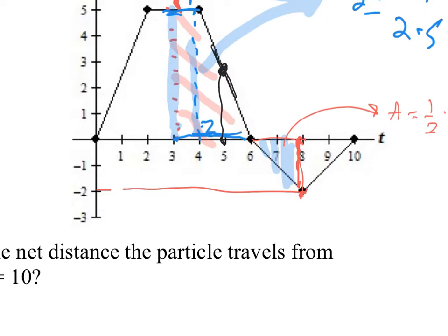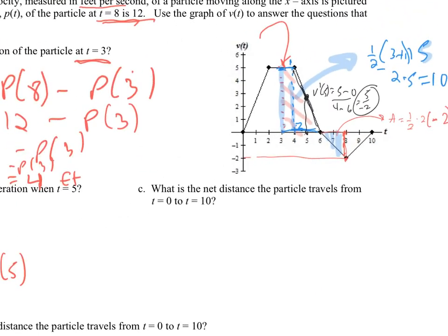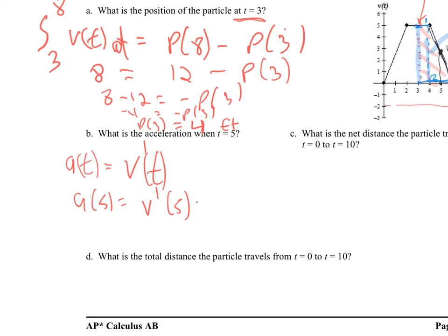That's what v prime at 5 will be. So v prime at 5 will be the slope. So this y value is a 5. This y value is 0. This x value is 4. This x value is 6. 5 over a -2, -5/2. I do expect it to be negative. -5/2. Acceleration will now be feet per second squared.